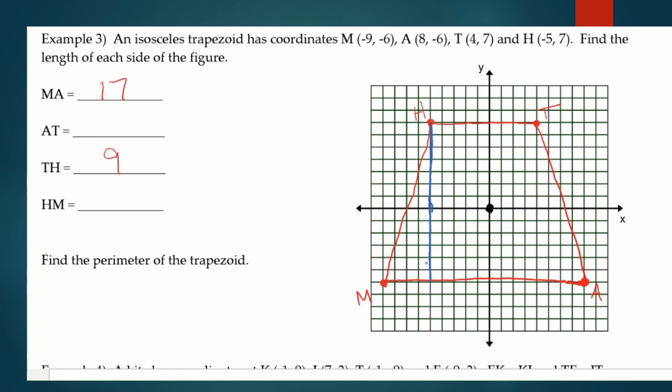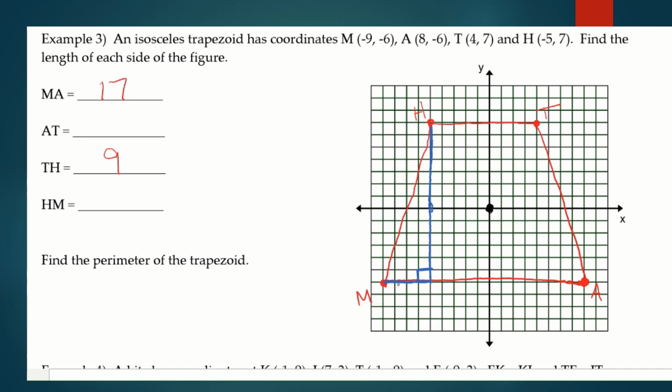And then from that intersection over to point M, I'm going to draw another leg or another side. So here's my right triangle using side MH as the hypotenuse. You'll see we created the two legs, and we can count to find the length of each of these legs.